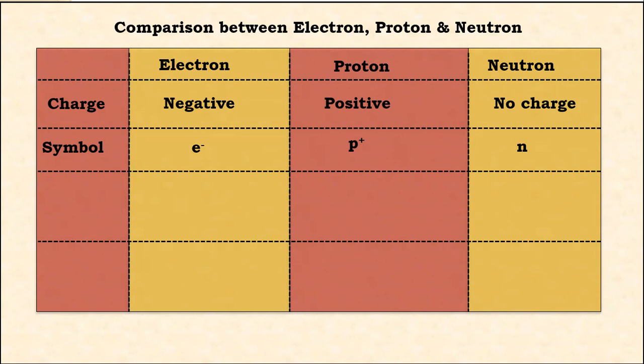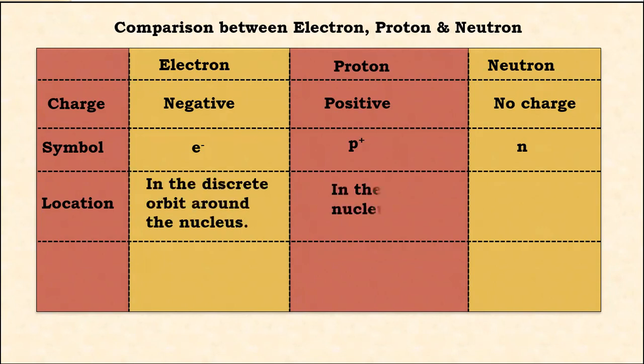Now talking about the location, that is, where these subatomic particles are present inside the atom. Electrons, as Niels Bohr told us, revolve around the nucleus in their respective discrete orbits, whereas protons and neutrons are present inside the nucleus.